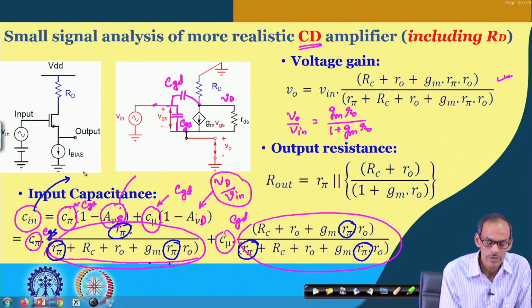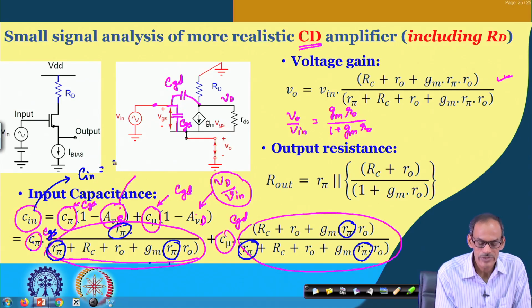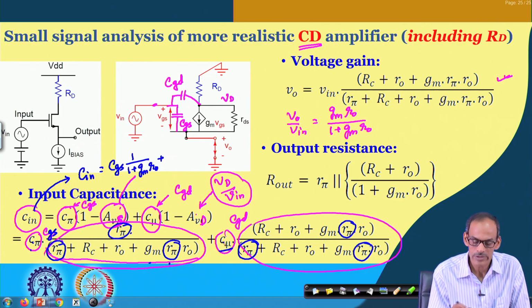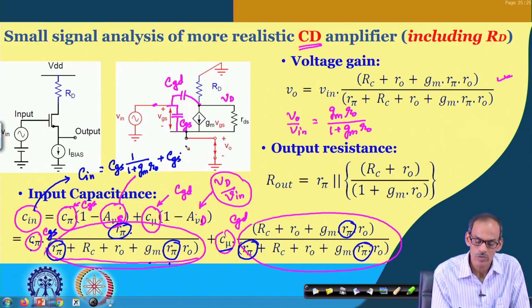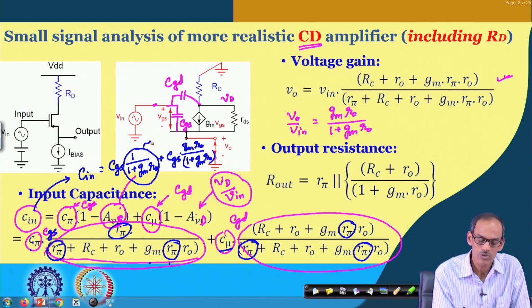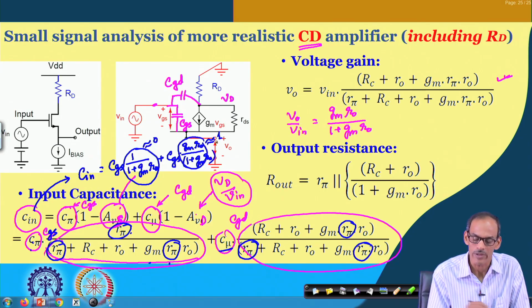Let me write here C in equals C G S multiplied by 1 divided by 1 plus G m into R naught, and then C G D multiplied by G m into R naught divided by 1 plus G m into R naught. So, this part is approaching 0, this part is approaching 1.